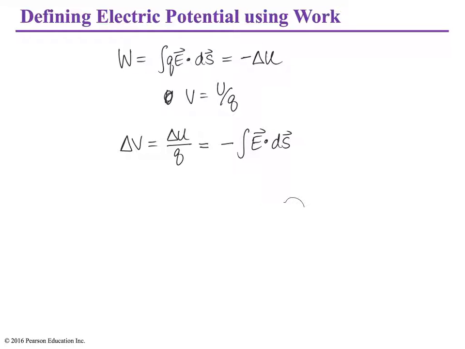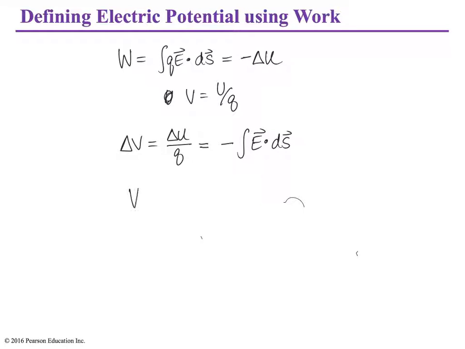And so what this is telling us is that as we move around in the electric field, we're going to see a change in the potential. The negative sign means that if we move with the electric field, we're actually going to see a decrease in the potential energy.